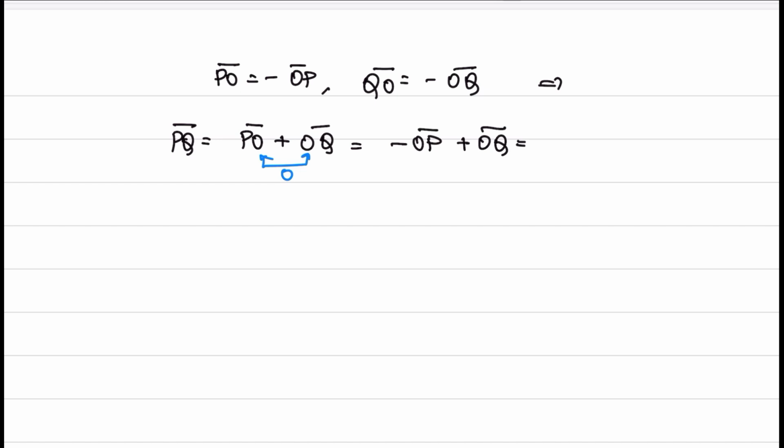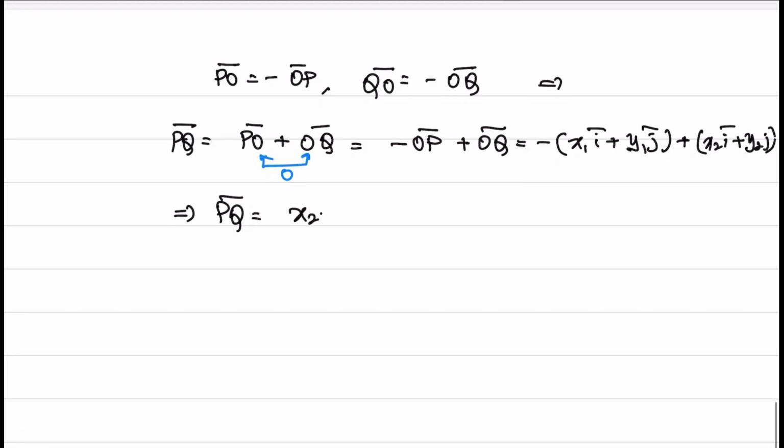We know already what OP is. That is minus of x1 i bar plus y1 j bar, plus x2 i bar plus y2 j bar. That implies PQ is equal to x2 minus x1 i bar plus y2 minus y1 j bar. This is the concept behind this PQ.